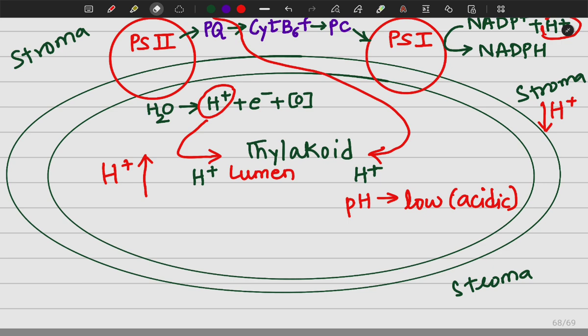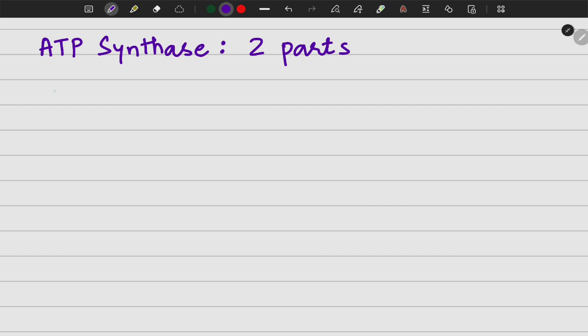Alright, so let me write it down first. So there will be an enzyme called ATP synthase which will synthesize ATP during the breakdown of proton gradient. Now this enzyme has two parts. So the first part is called CF0 and the second part is called CF1.